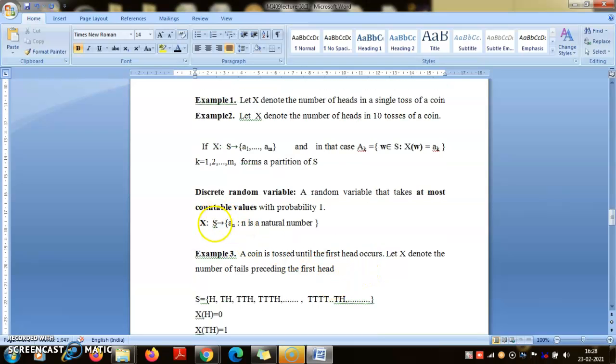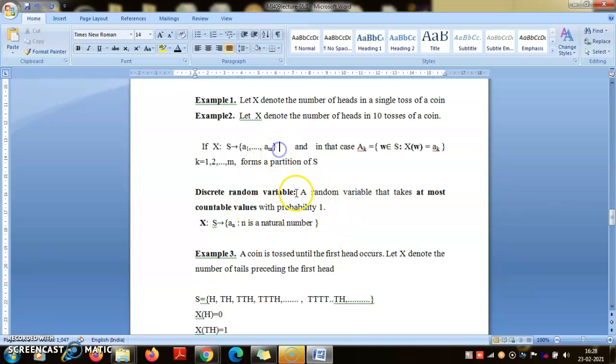Why do we say with probability 1? It's a practice, right? That means if there are some points which are mapped to something other than these numbers, then they will have probability 0. That is what it means with probability 1.